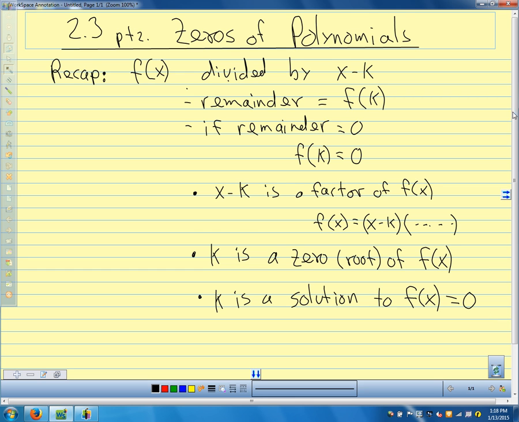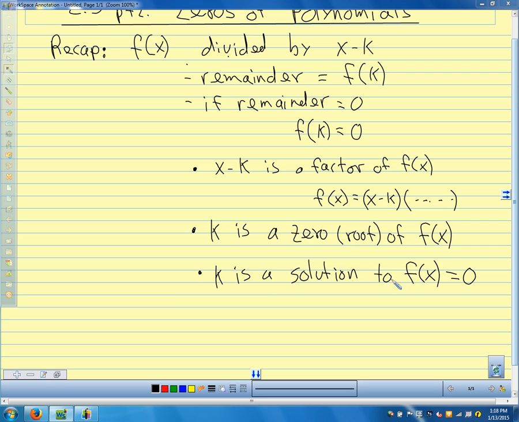And then there was one other thing. We have a factor. It's a 0 or a root. It's a solution to this equation. What does it tell us about the graph? It's an x-intercept. And remember, our x-intercept is a point. So our point k comma 0 is an x-intercept.